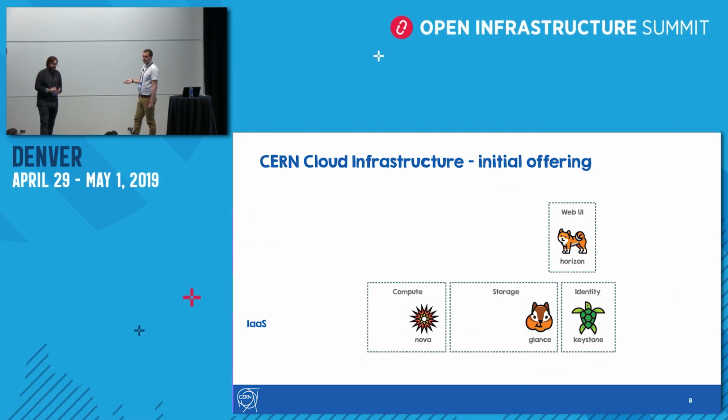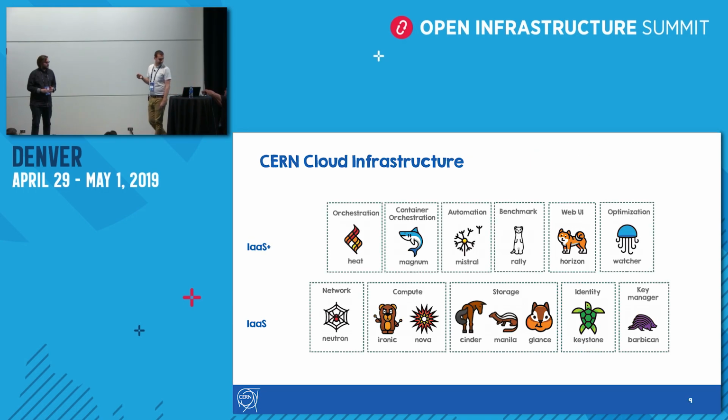Back in July 2013, when we started the service, we only offered VMs. This is the very basic configuration that we started with, and since then we have been adding more and more resources. This is the picture right now of the services that we have deployed.